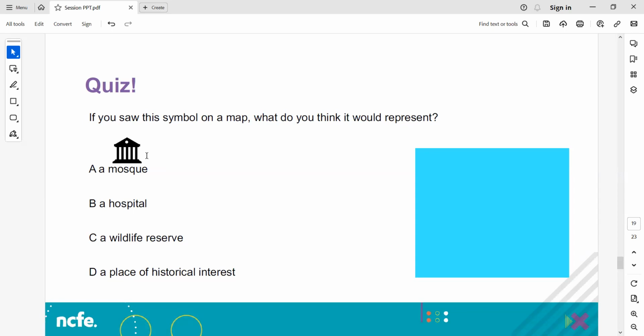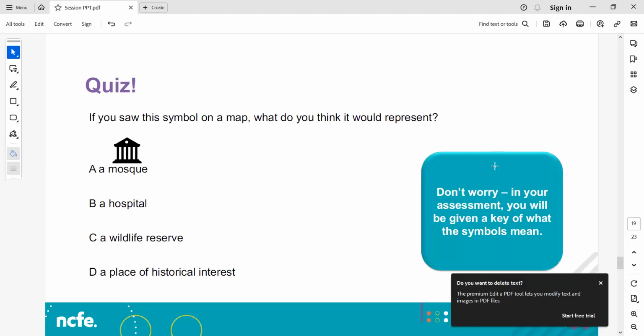That is actually used. If you looked at a map of Manchester with symbols on, you would see that symbol to show you where there was a place of historical interest. I think it's supposed to look like a museum, the front of the museum. I think that's why it's used.